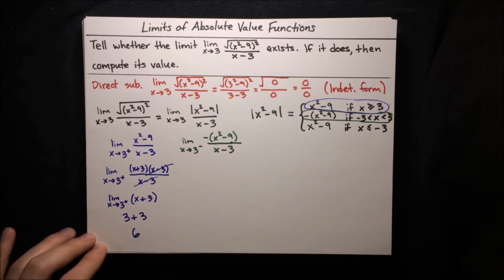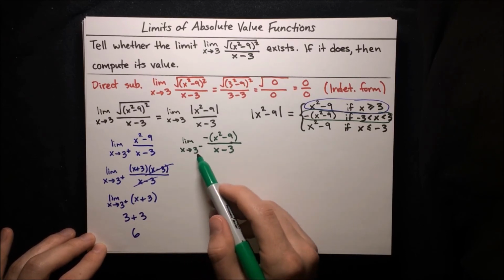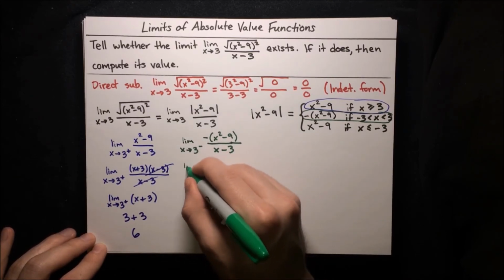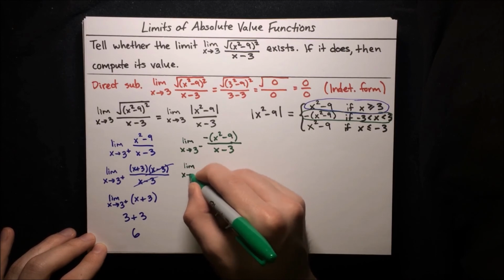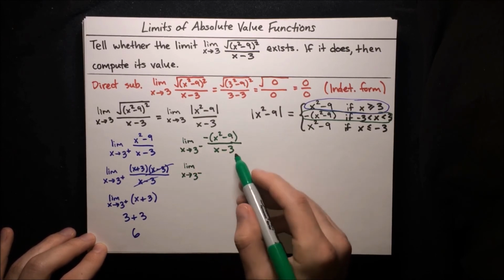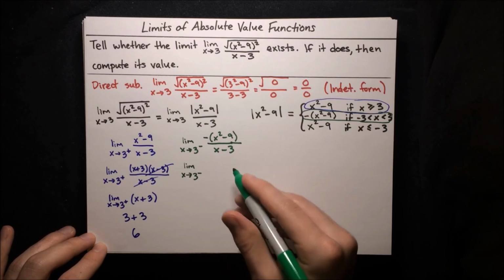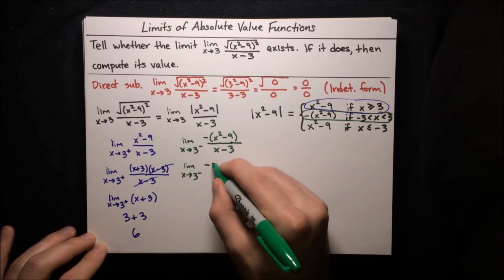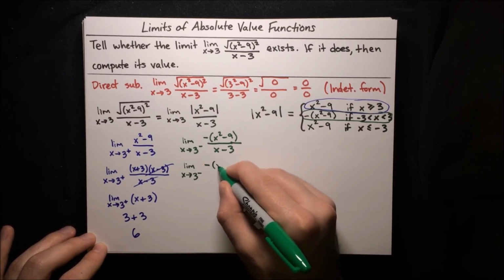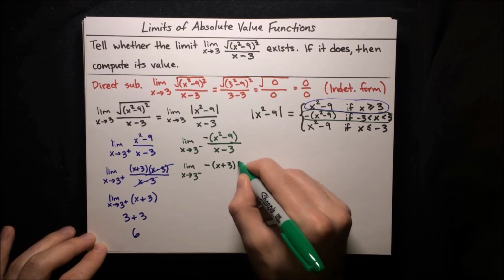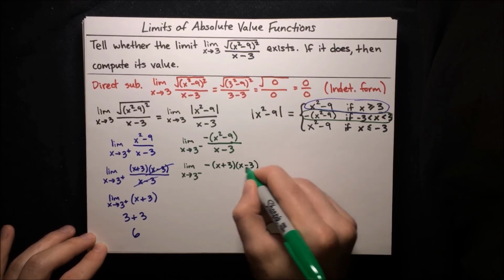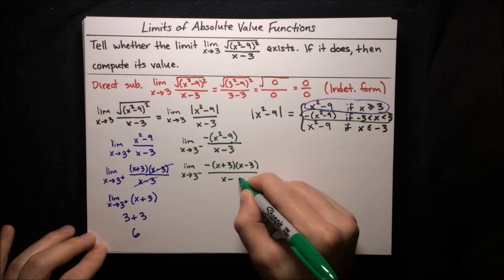So that's our limit from the right, but how about our limit from the left? The limit as x approaches 3 from the negative side. We can go ahead and compute that limit similarly. We've already got our limit expression, so let's just go ahead and factor the numerator. So negative of, we already know, x squared minus 9 factors into x plus 3, x minus 3. And then that's over x minus 3.